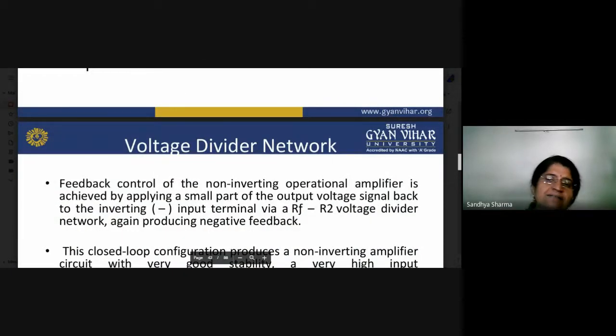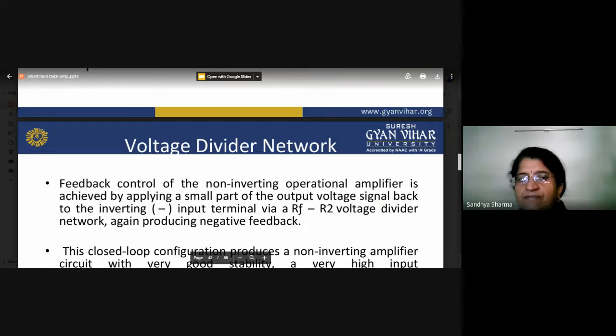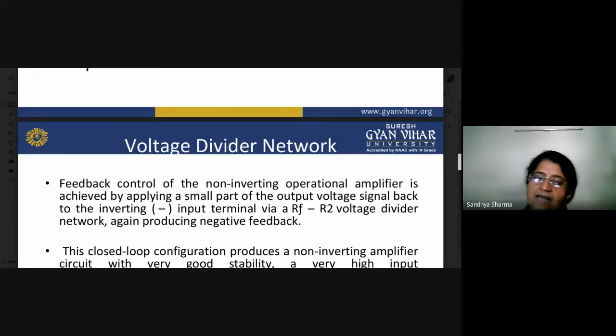That is the voltage divider network, the feedback control. Now you have to see there are two resistors, RF and R2. What signal will be applied at your negative terminal, because your feedback connection is connected to the negative terminal? RF and R2 form a voltage divider network. Again we will take a small derivation of that voltage divider network to see how it works out and what amount of input signal we provide to the negative input terminal.